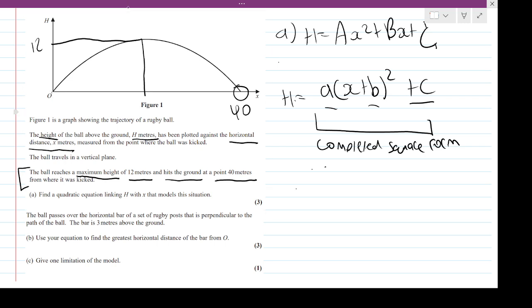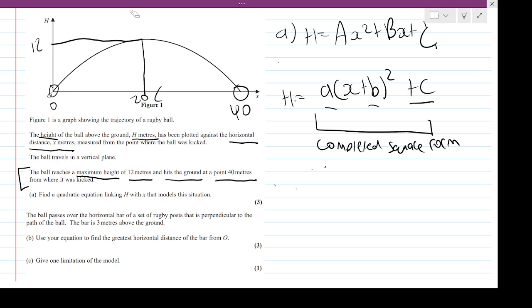But actually, we know that these are the two roots, right? If this is a root as well, that's just x equals 0, isn't it? So it crosses the x-axis at 0 and 40, but then we can also work out what this value of x is, because isn't that just midway through? Midway through 0 to 40, it's the same as this distance here. That's going to be 20, because half of 40 is 20.